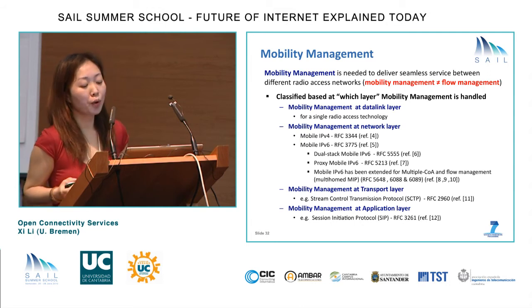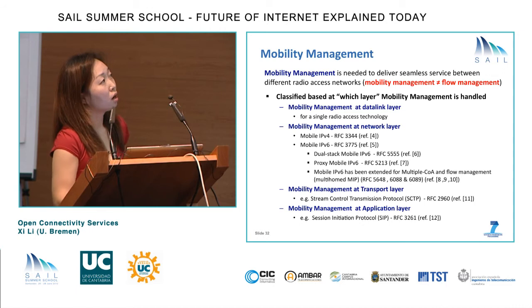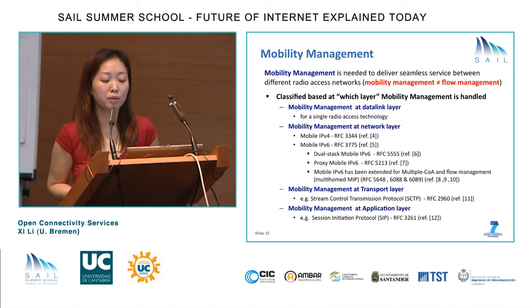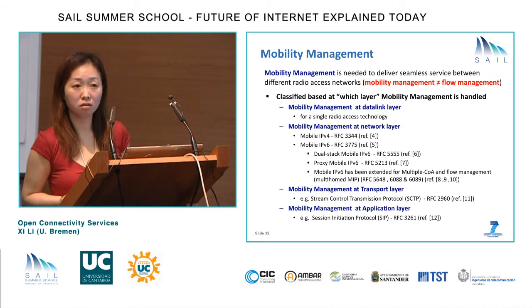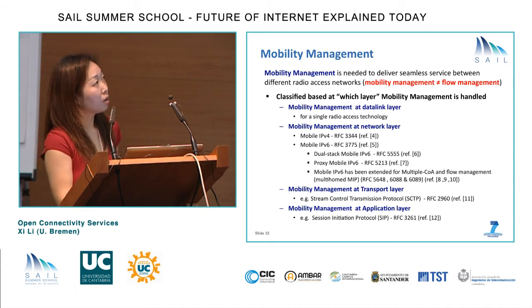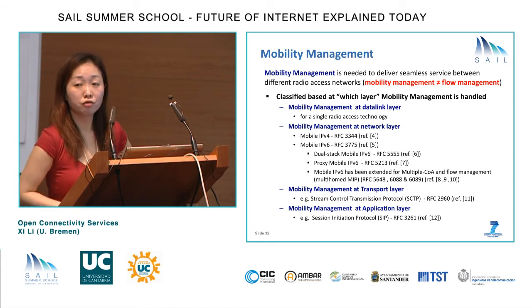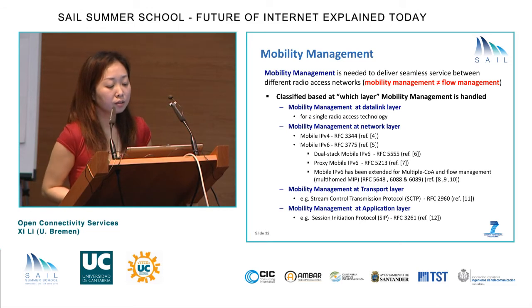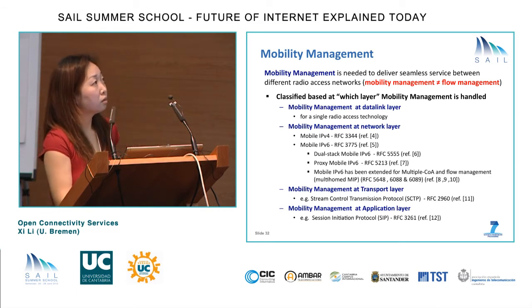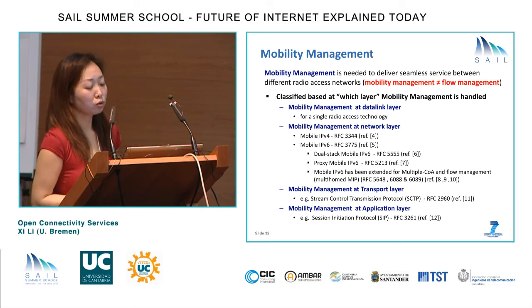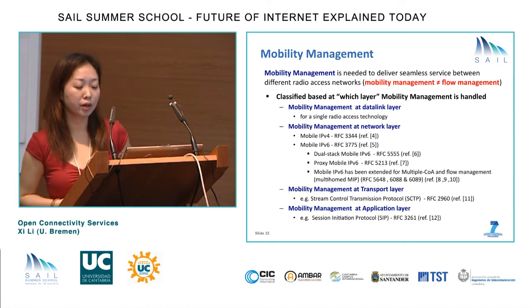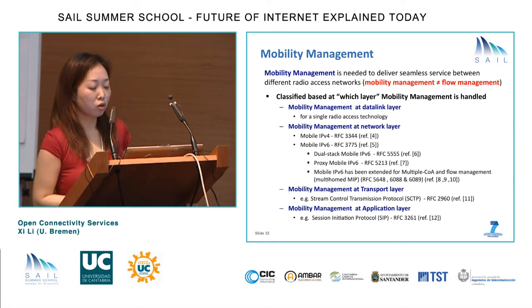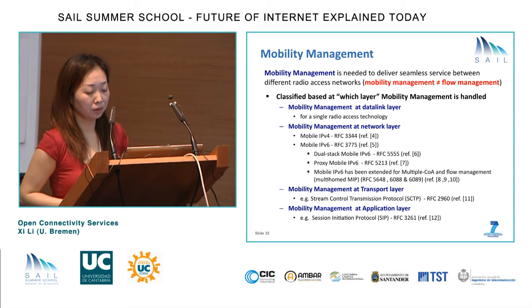And when you have multiple access technologies, the most popular approach is to do the mobility management over the network layer. For example, mobile IP version 4, mobile IPv6, and inside mobile IPv6 there are also different extensions, for example, proxy mobile IP or mobile IP supporting multiple care-of addresses, which is also called multi-homed mobile IP.